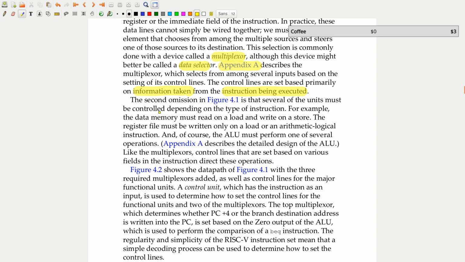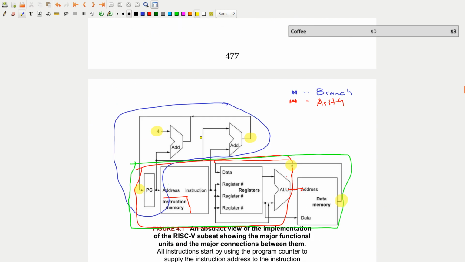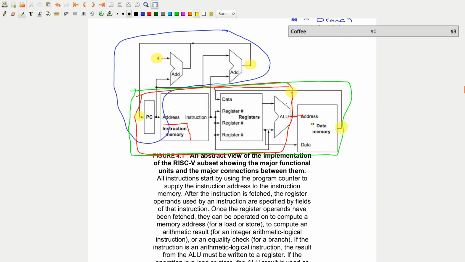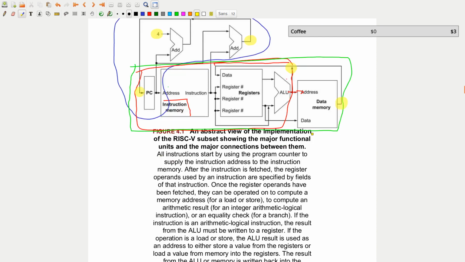So the second omission, besides these data selectors or multiplexers, is that several of the units must be controlled depending on the type of instruction. For example, the data memory must read on a load and write on a store. So we didn't have any defining features in here for, say, reads and writes. Data memory just sees an address and it sees data. So we actually need another port in here to say, okay, am I going to be reading out data, or is someone going to be writing data to me?